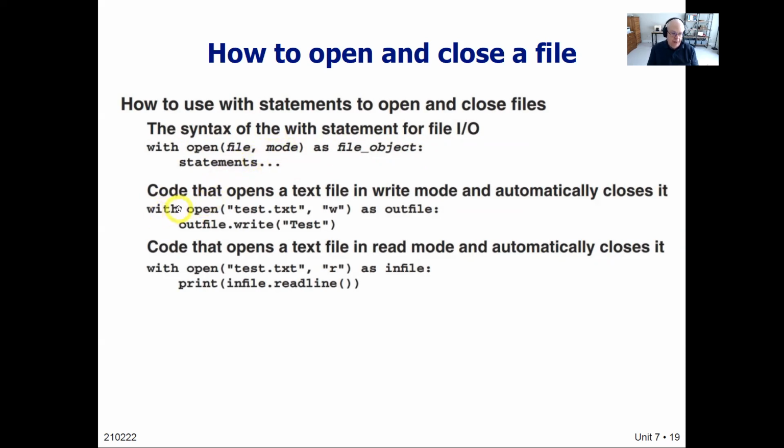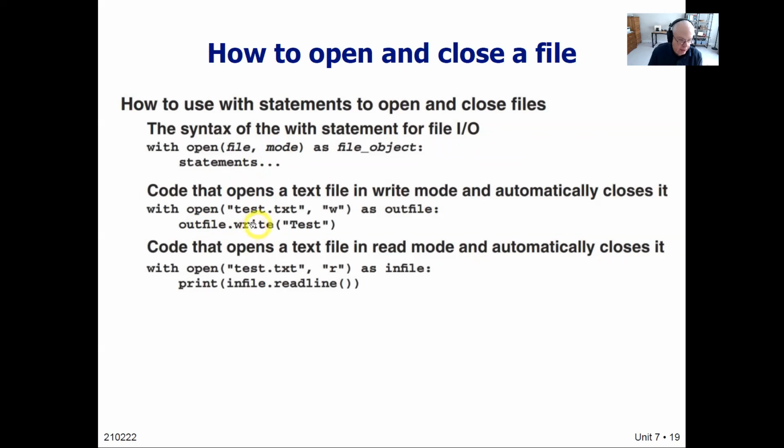So this is a simple example of what we just saw with 3 lines of code. We're going to do it with 2 lines of code now because we don't have to close. So with then our open function test.txt in write mode as out file, there's our file object and the colon. Then we can run the write function on it. Out file is the object, write is the method.